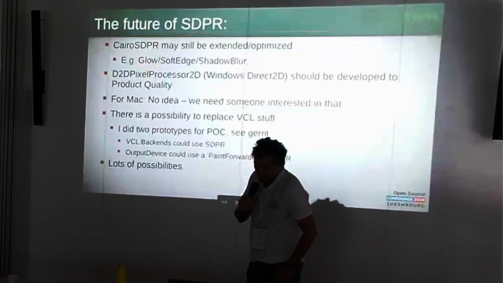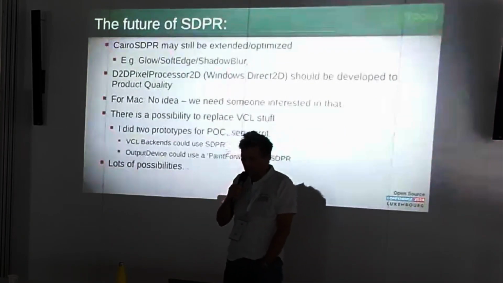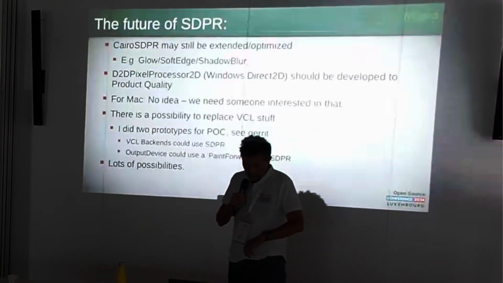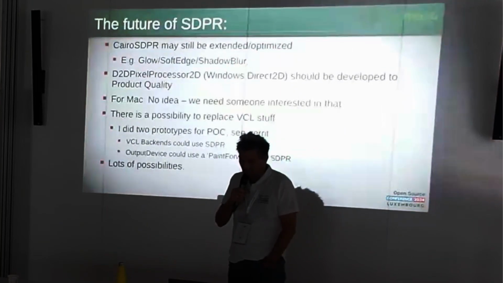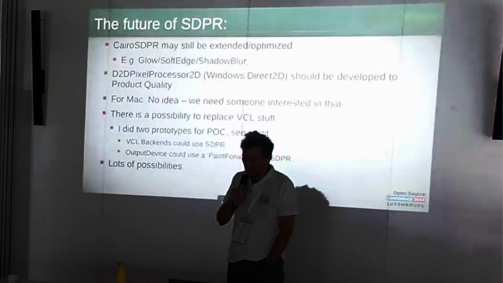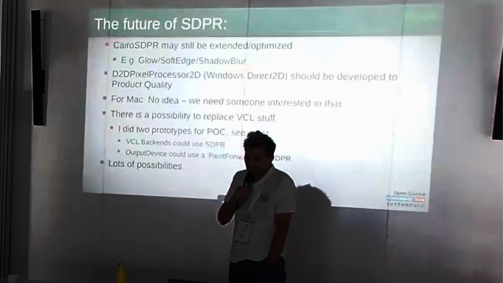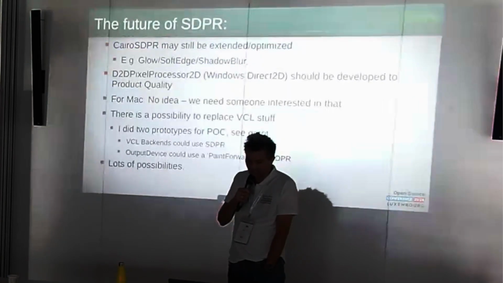So there's still stuff in the CairoSDPR render which can be improved. We will see whatever we can do. It's not sure how to continue. Close soft edge shadow blur is not directly supported currently because Cairo does not support it, but we could support it with other libraries and prepare this as bitmap for Cairo, whatever.